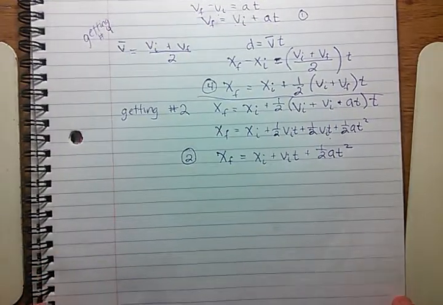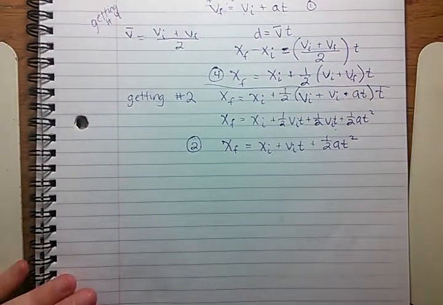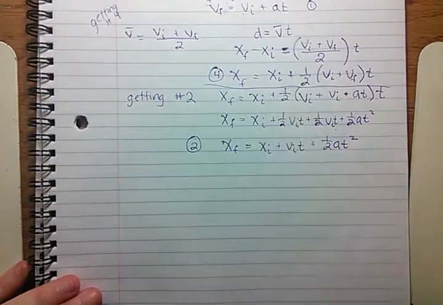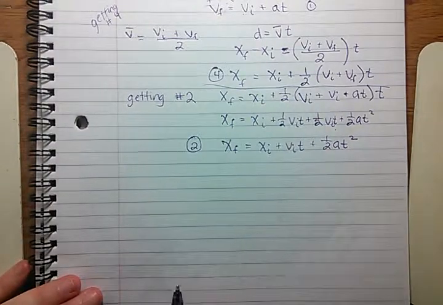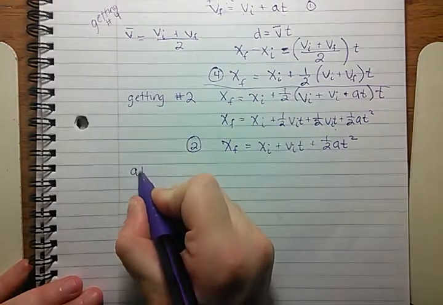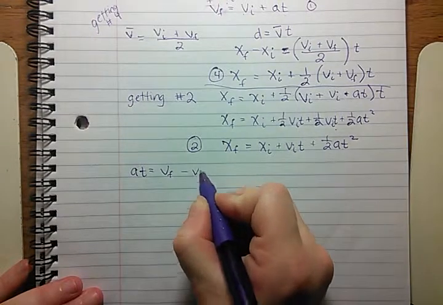Then we need to derive equation number 3, which is probably the trickiest. Now the first thing we want to do to get equation number 3 is solve equation number 1 for t. So I'm actually going to start at this step. So we have AT equals VF minus VI.